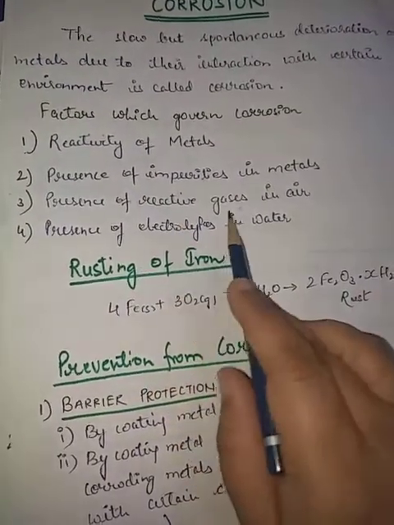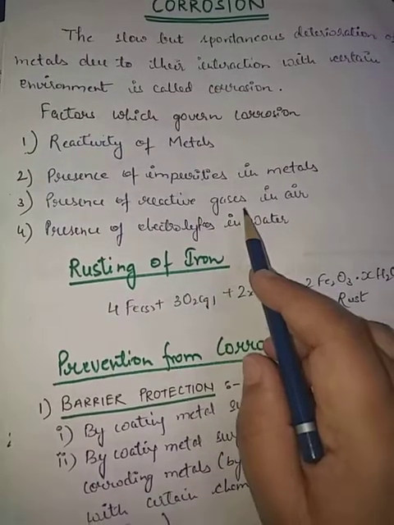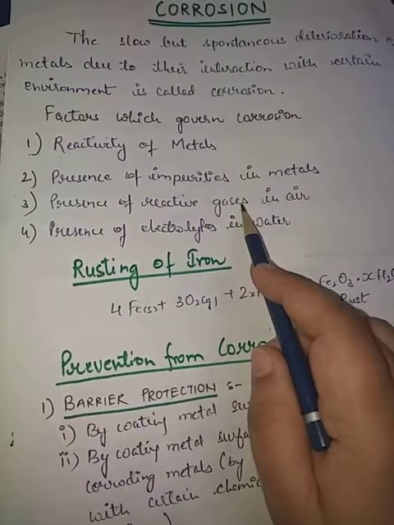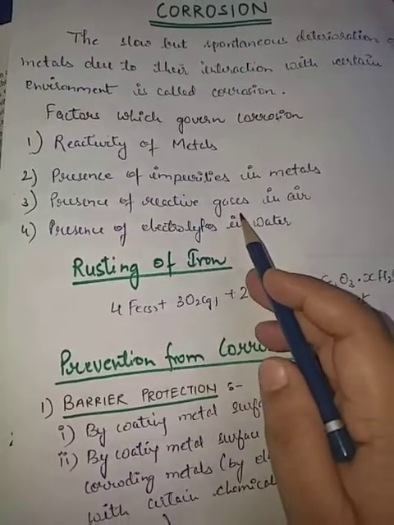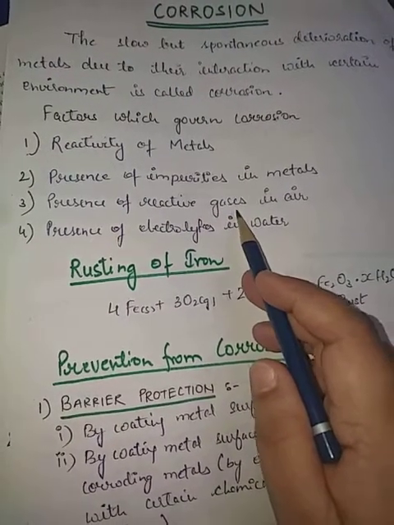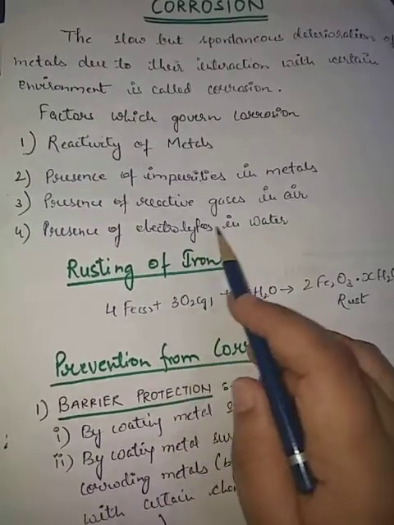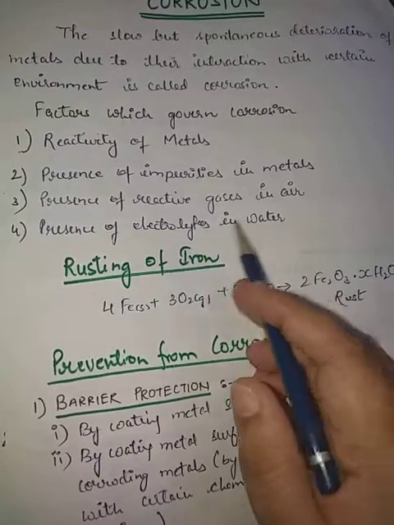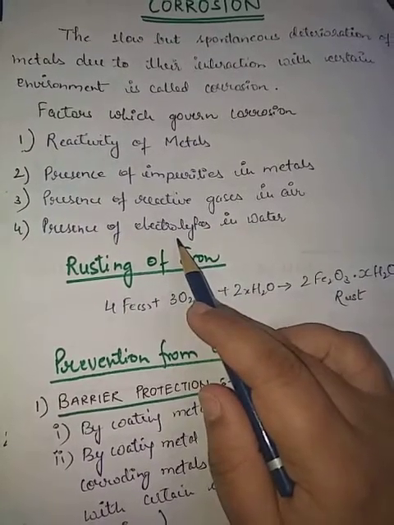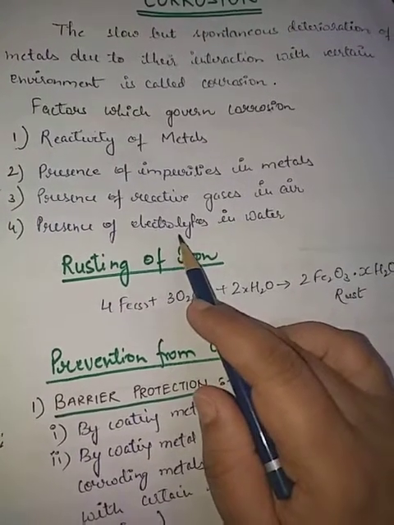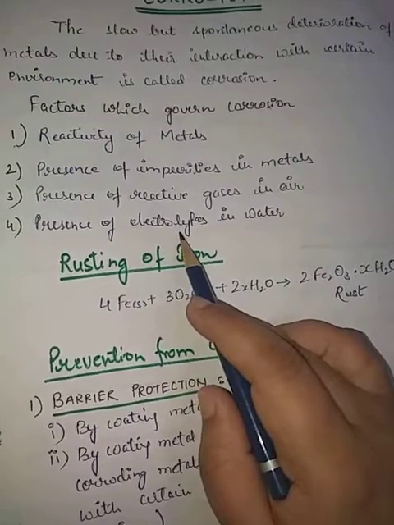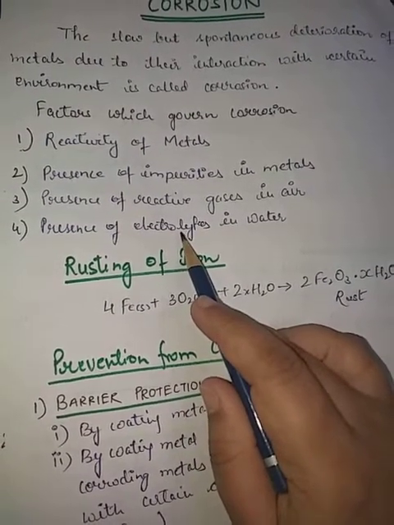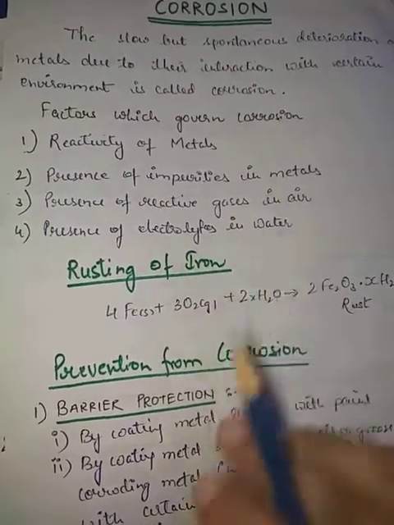Presence of reactive gases in the air: those gases will provide conditions for the metal to get corroded. And presence of electrolyte in water: suppose the water is pure but some electrolytes are there, for example if rain happens and some acid is present in it, or some salts are in the water, then those will cause the corrosion of the metal.